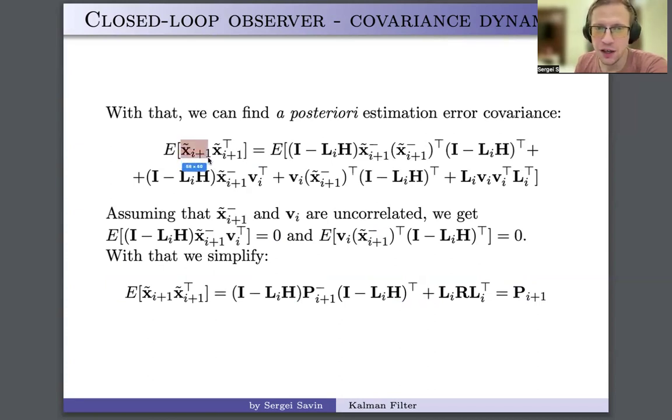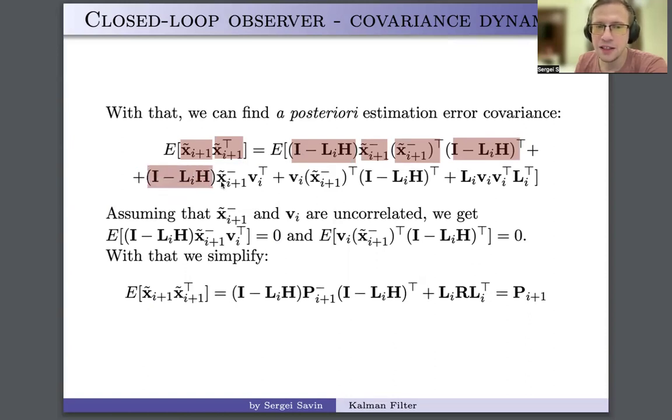So a posteriori covariance looks like this. So a posteriori times a posteriori transpose gives us I minus LH a priori times a priori transpose I minus LH transpose, right?